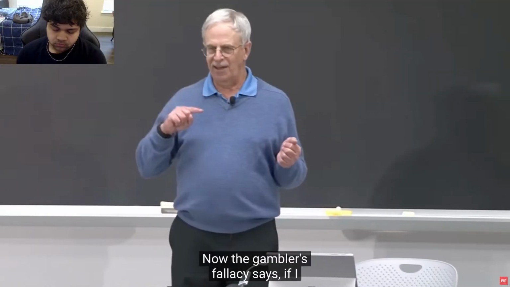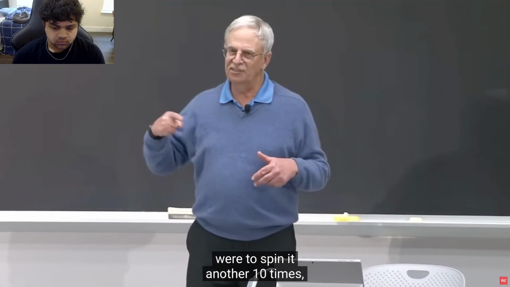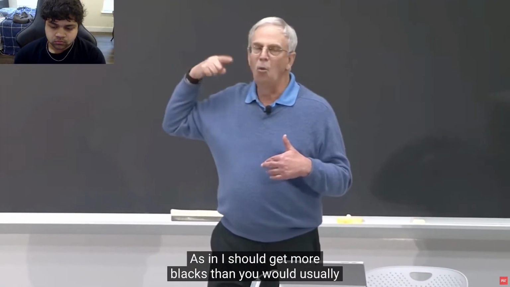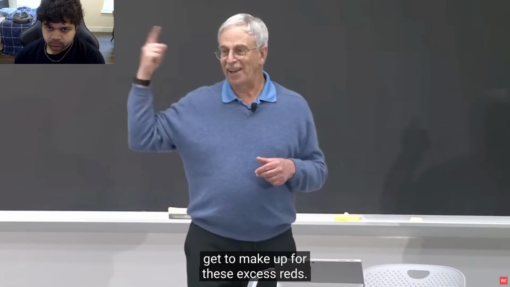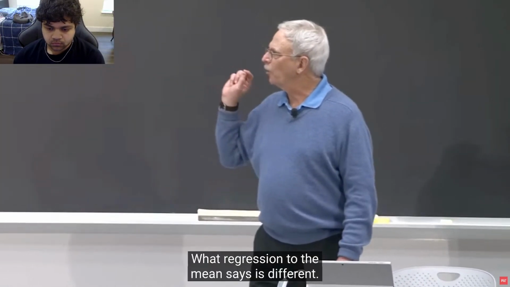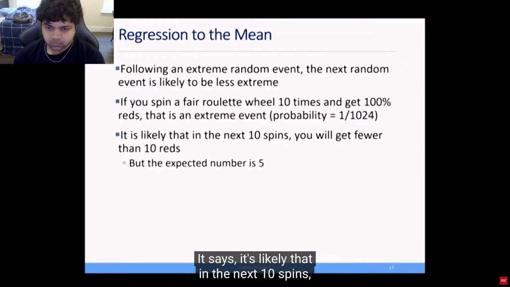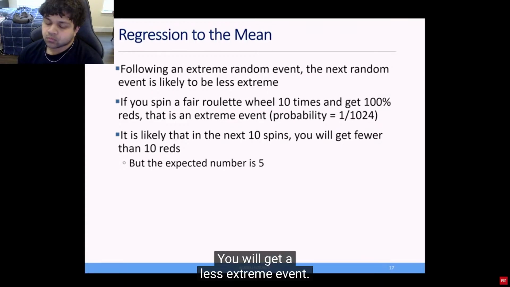Now, the gambler's fallacy says if I were to spin it another 10 times, it would need to even out, as in I should get more blacks than you would usually get to make up for these excess reds. What regression to the mean says is different. It says it's likely that in the next 10 spins, you will get fewer than 10 reds. You will get a less extreme event.